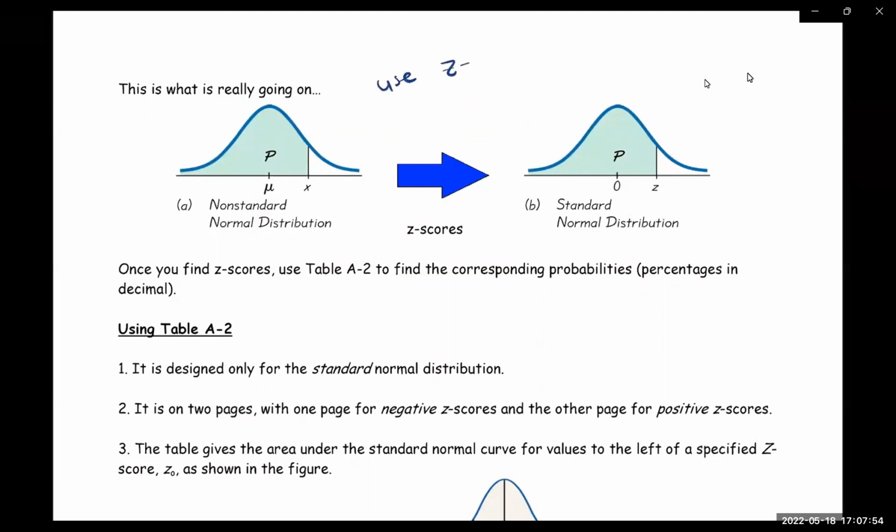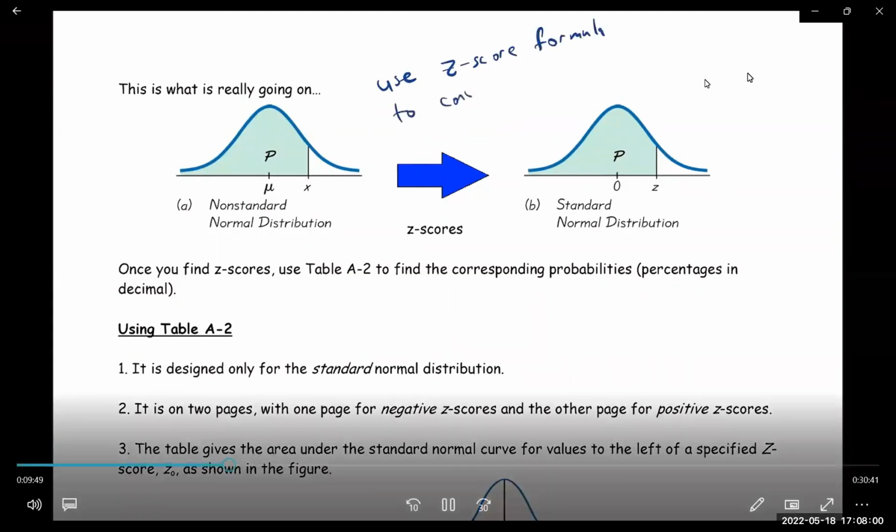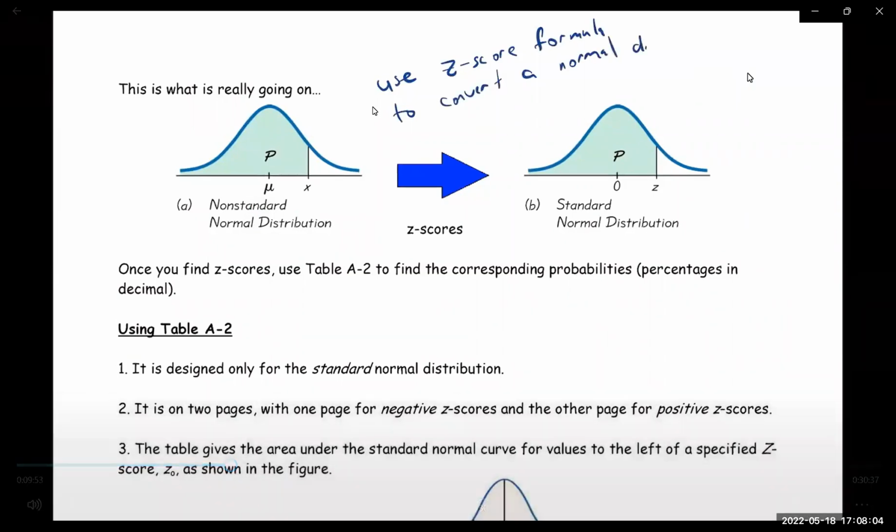Use the z-score formula to convert a normal distribution into a standard normal distribution.